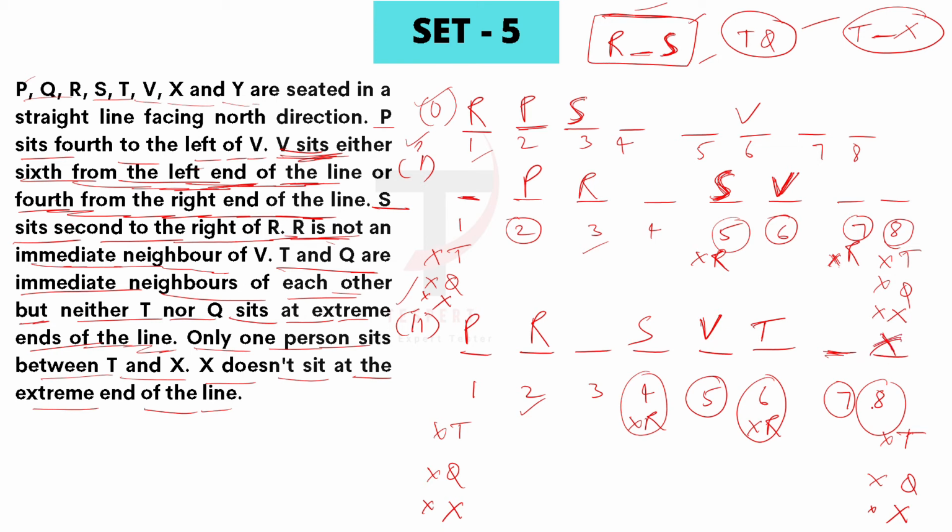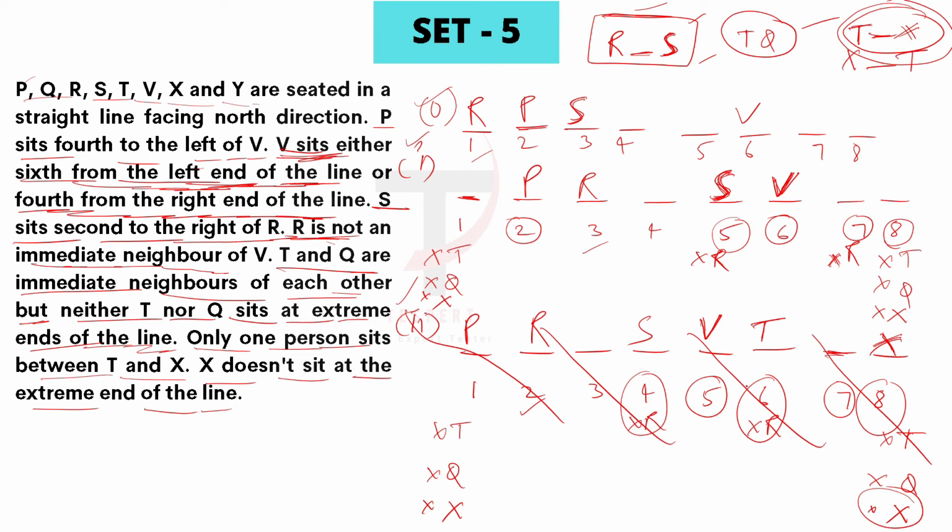But according to this, X shouldn't take any extreme end, which means this second case is ruled out. As we denoted under an oval, it can be T dash X, or it can also be X dash T, because both are interchangeable.